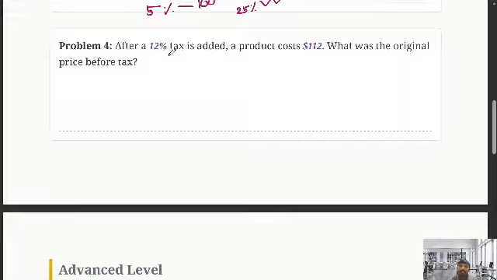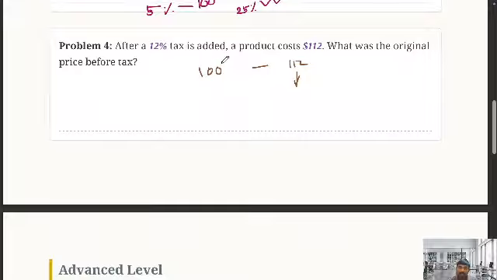After a 12% tax is added, at first it was 100, and after adding the tax, it is 112. So after adding 12% tax, a product costs $112.